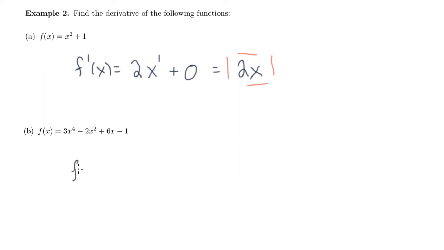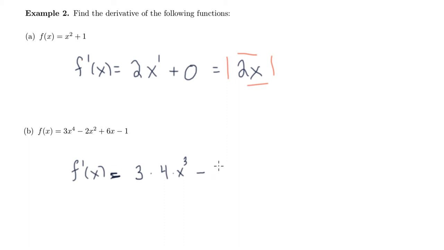So for b, the first term, 3x to the 4th, has a constant multiple. So we have 3, and then the derivative of x to the 4th is 4 times x to the 3rd. I just leave the constant multiple alone and take the derivative of x to the 4th, where I bring down the 4 and take 1 away from the power.